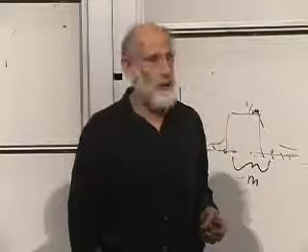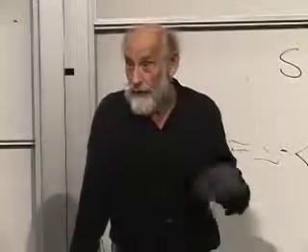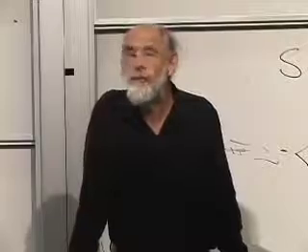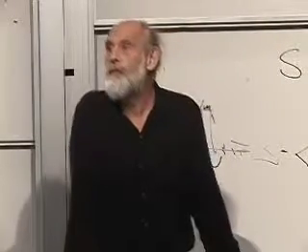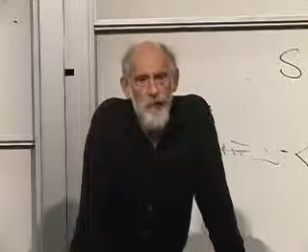Who was the first one who postulated that there were electrons and they had charge? Yeah, I think it was Benjamin Franklin. No, I think it was Benjamin Franklin. I don't think it was Ronald Reagan.